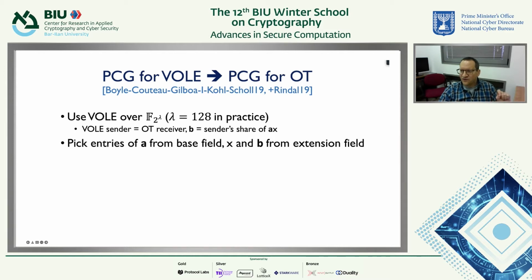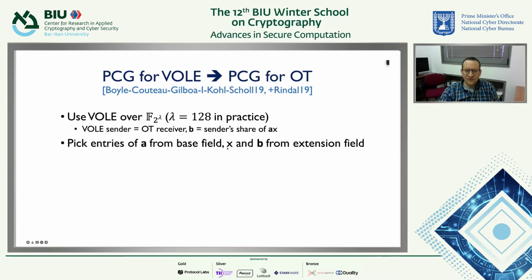We have the freedom to control the choice of A, right? Because A is something that the dealer of the PCG gives to Alice in the clear. Okay, and then the dealer also computes A times X and secret shares A times X. But we have the freedom to choose A. So instead of choosing it from the big extension field, let's choose A to have 0, 1 entries.